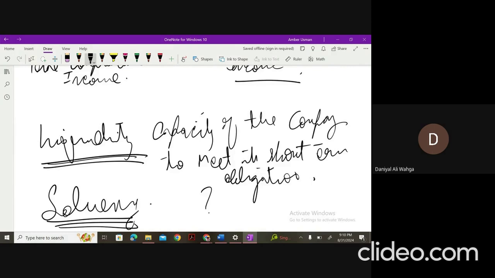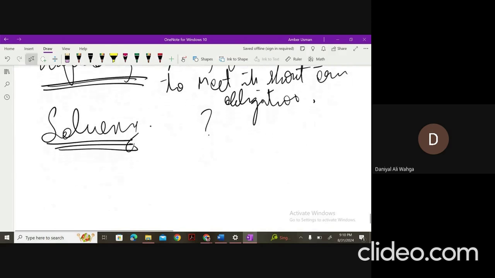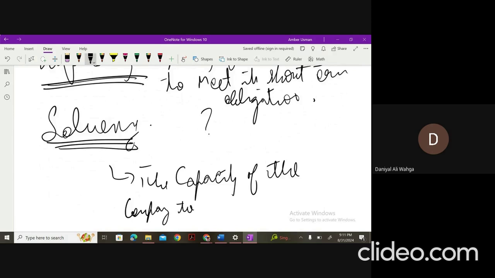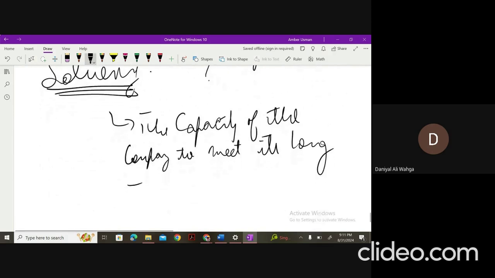This is liquidity. And what is solvency? The capacity of the company to meet its long-term objectives.